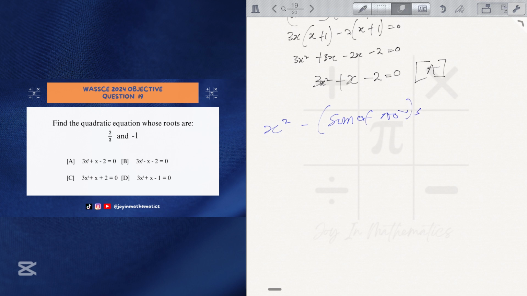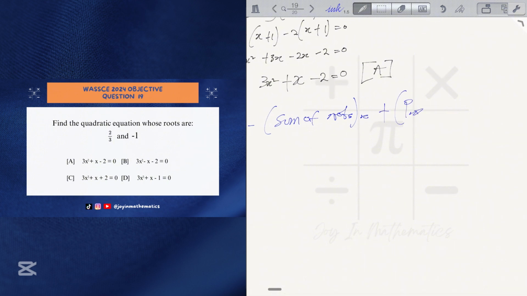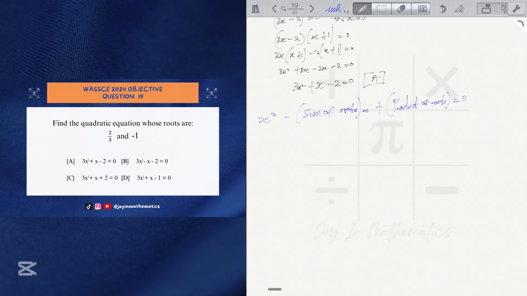Let's rewrite that. Minus the sum of the roots, then it is being added to the product of roots equals 0. So we have the sum of roots, product of roots.